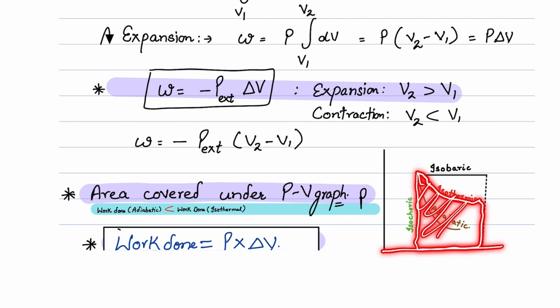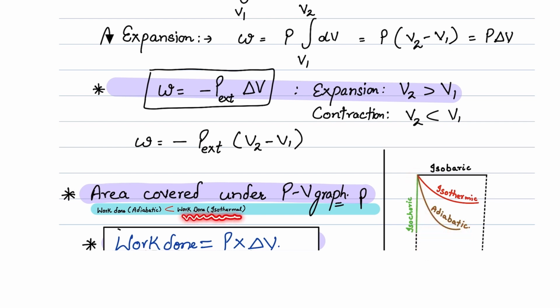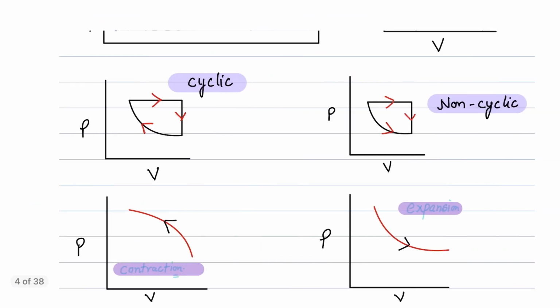This area we can clearly see is greater than the area covered under adiabatic process. So we can conclude that work done in the case of isothermal process is greater than the work done in the case of adiabatic process. This is a very important point for competitive exams.